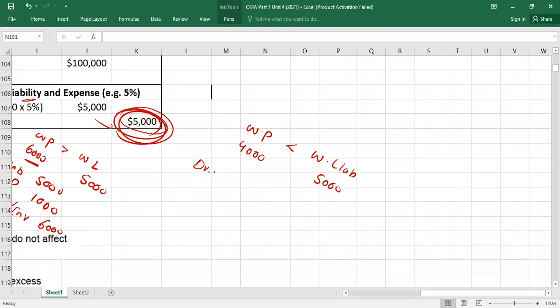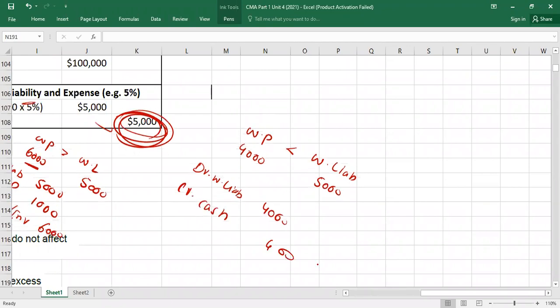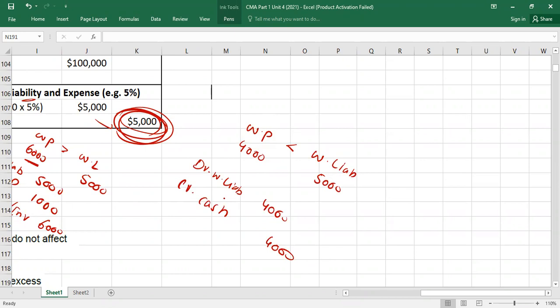First, you will debit the warranty liability account by 4,000, not 5,000, and you will credit cash or inventory by 4,000. You can see in warranty liability, initially it was recorded as 5,000 but it is debited by 4,000. There is a balance in the liability of 1,000. And now you will sit and wait until the expiration of the warranty period.